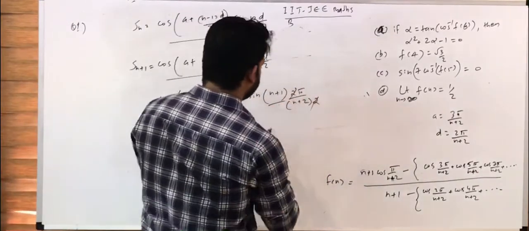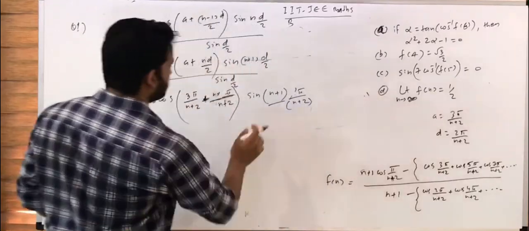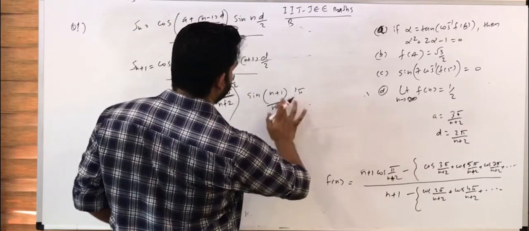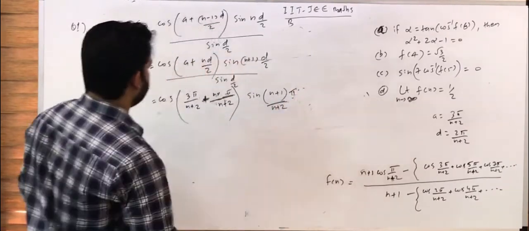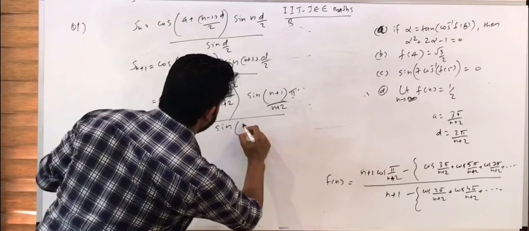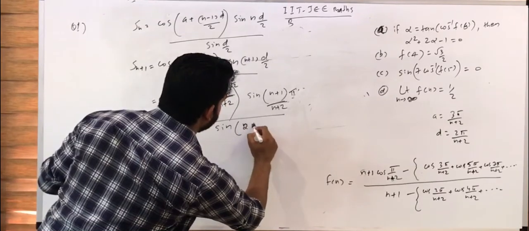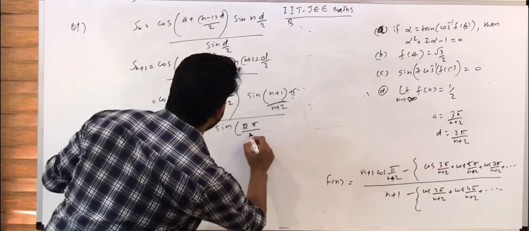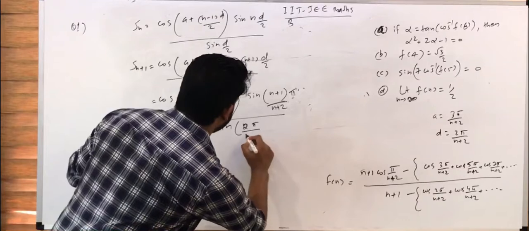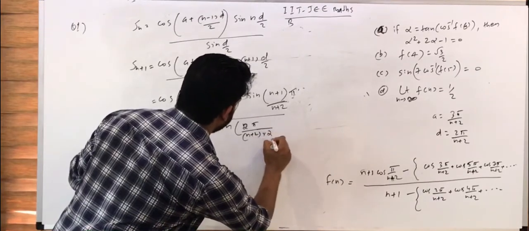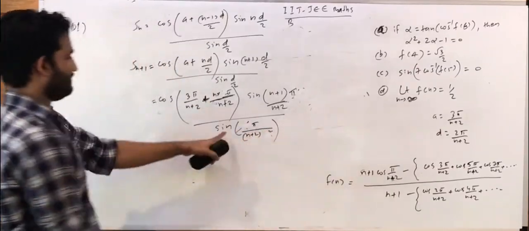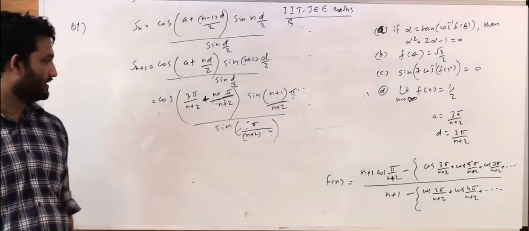These 2 cancel, so it becomes sine of n plus 1 divided by n plus 2 into pi. In the denominator we have sine d by 2, where d is 2 pi divided by n plus 2, that is sine pi divided by n plus 2 after the 2 cancels.